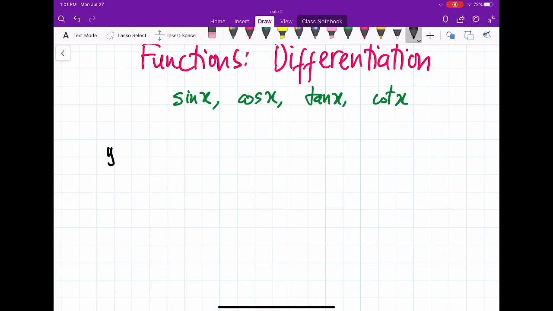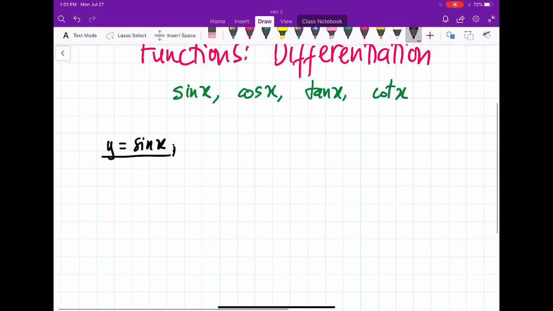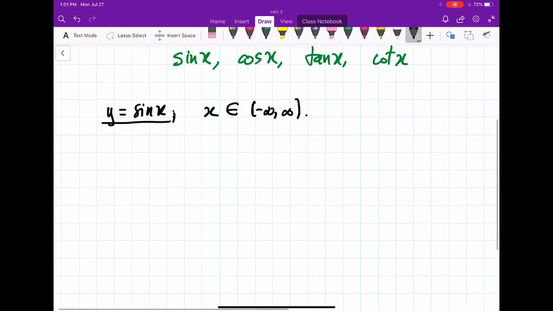Remember that if you have your function psi of x, this function is defined everywhere, right? So the domain is negative infinity to positive infinity. And if you remember the graph of this function, we have the following.